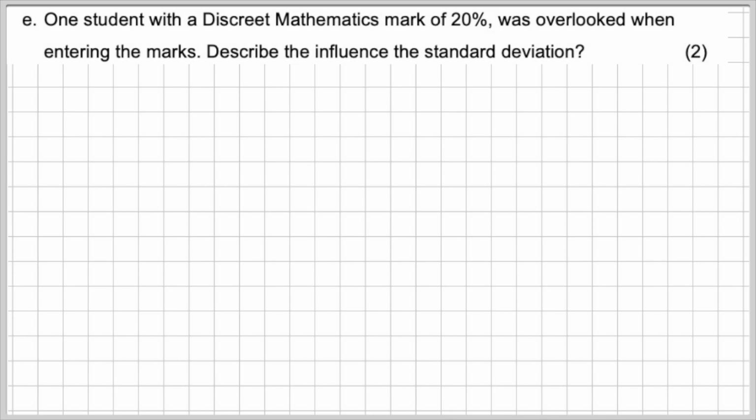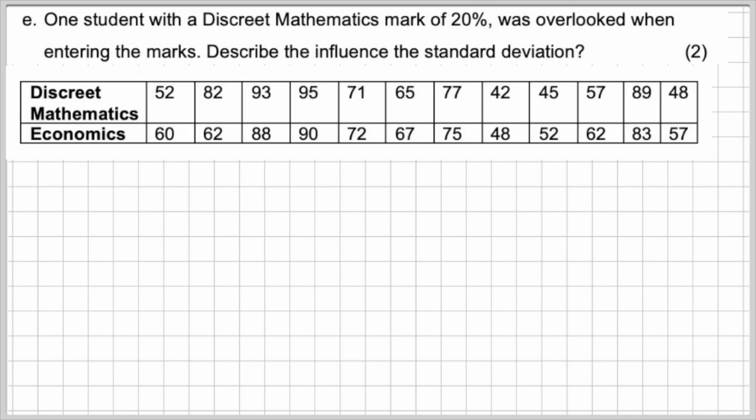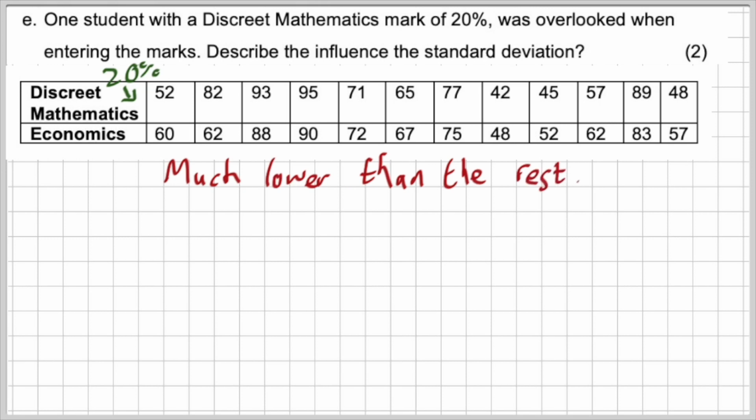When I look at my data entries, the 20% that I need to put in does not fit the rest of the data. It is much, much lower than the rest. The closest to it is 42, which is more than double that.